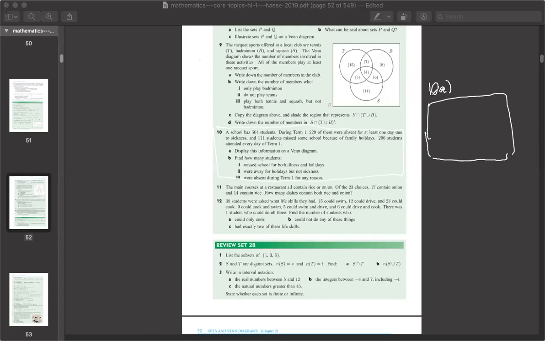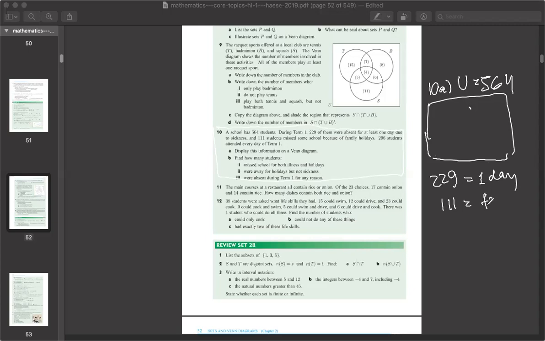Okay, so in this, the union has 564 students. During term 1, 299 of them were absent for at least 1 day, and then 111 missed some school because of family holidays.